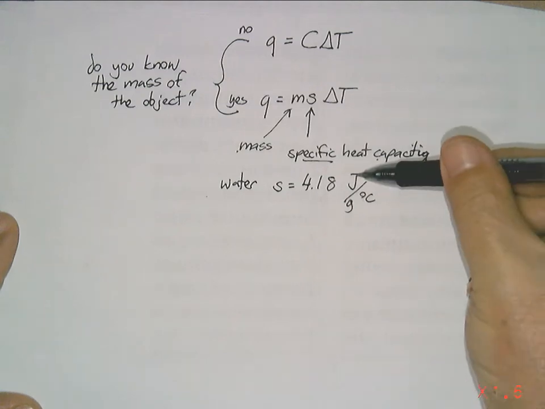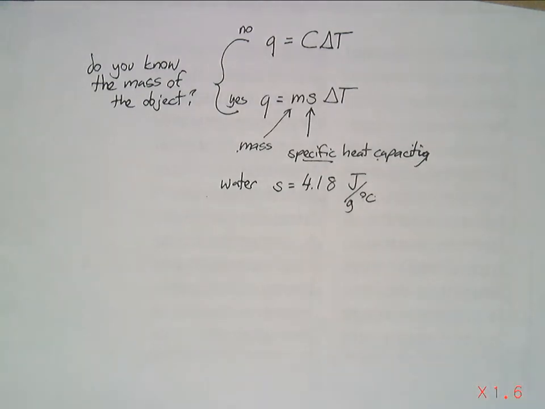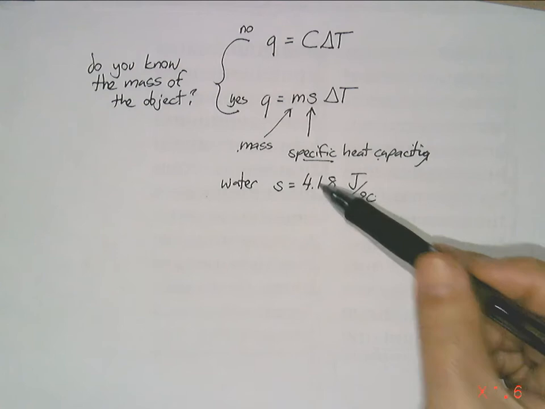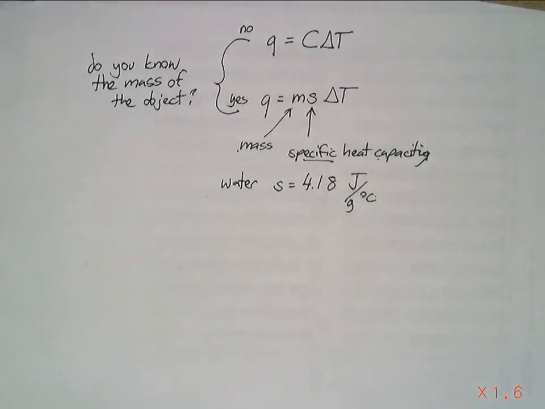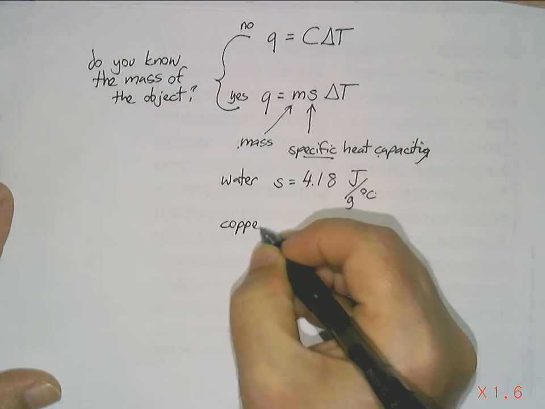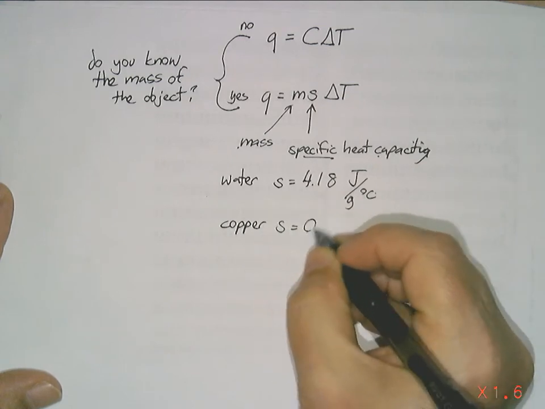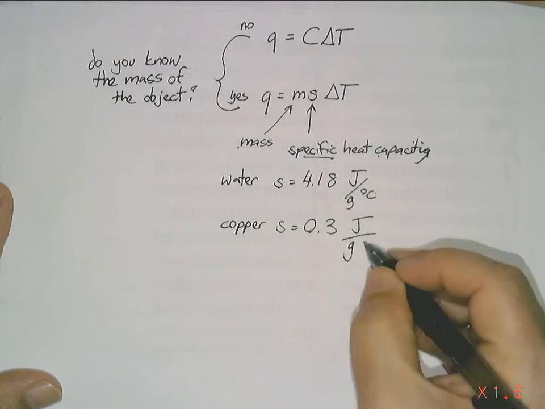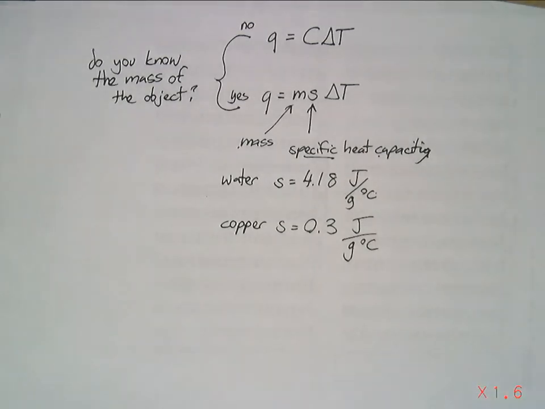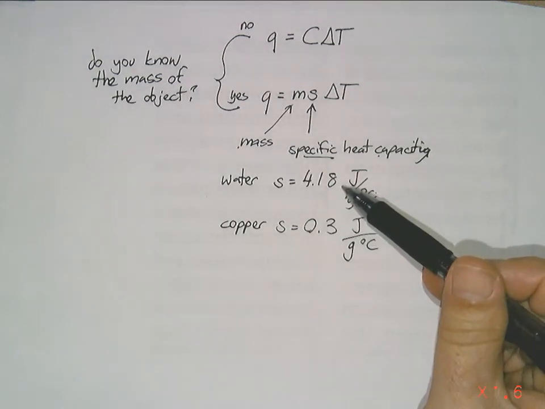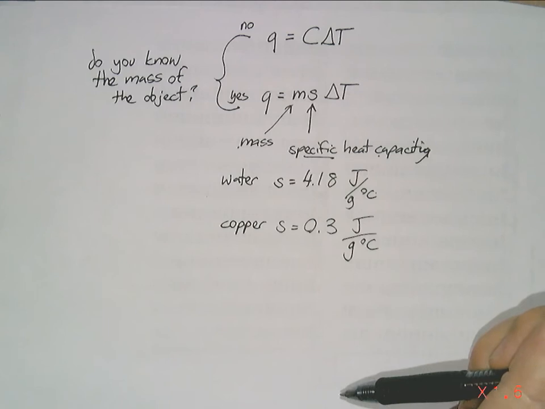Now notice that joules per degree Celsius is the unit for heat capacity, and joules per degree Celsius per gram is the unit for specific heat capacity. For copper, S is a different number, something like 0.3 joules per gram degree Celsius, something around that. Water has a much, much higher specific heat capacity than copper does.